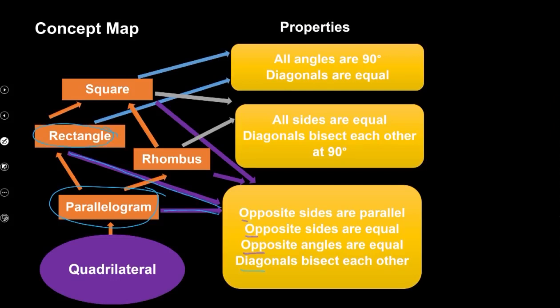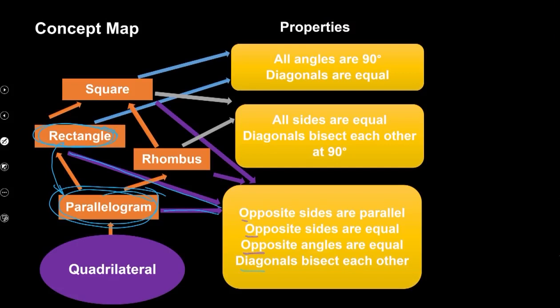So what does that mean? It means that a rectangle is a parallelogram, but it is a special kind of parallelogram. We start with a parallelogram, not that a parallelogram is a rectangle. That does not exist, right?